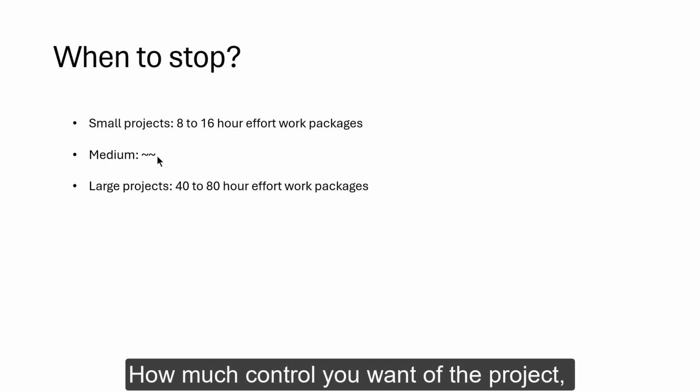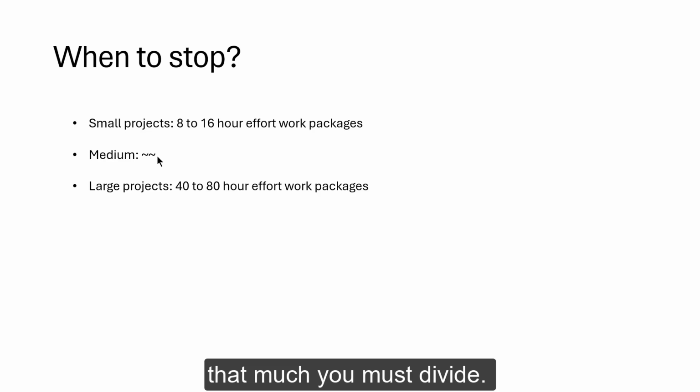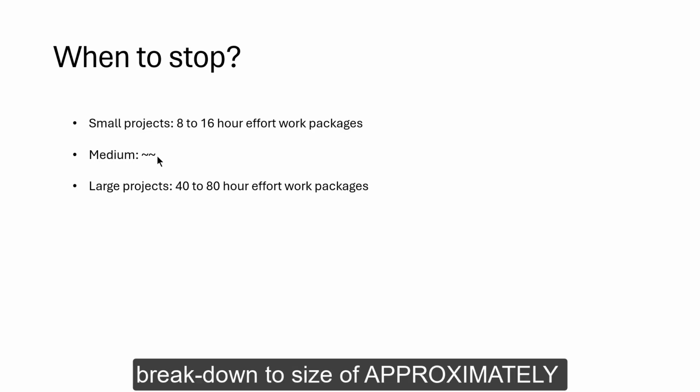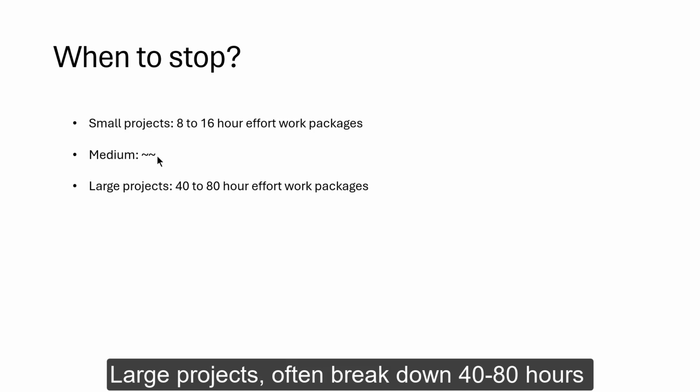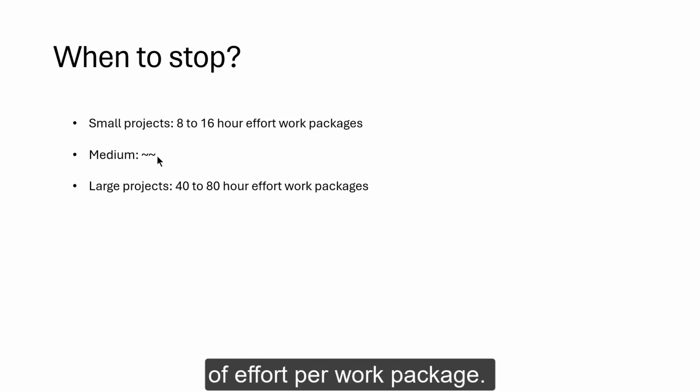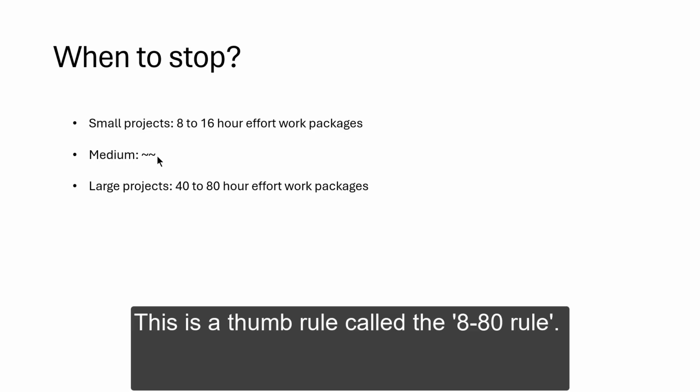How much control you want of the project, that much you must divide again, to a limit. For example, small projects often break down to a size of approximately 8 to 16 hours of effort per work package, that is 1 to 2 days. Large projects often break down to 40 to 80 hours of effort per work package, that is 1 to 2 weeks. This is a thumb rule called the 8/80 rule.